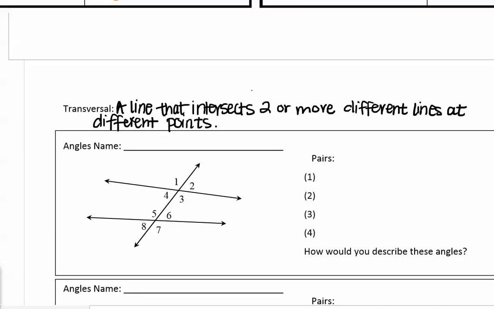Okay, so you have a line and you have 2 other lines, and they intersect at 2 different places. So if you have 3 lines that all intersect in the same place, that's not what we're talking about here.